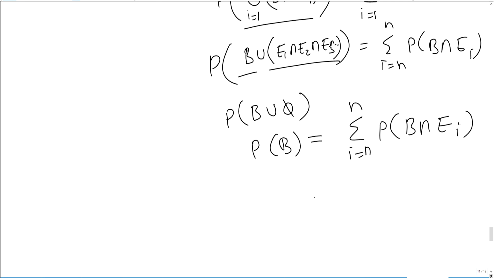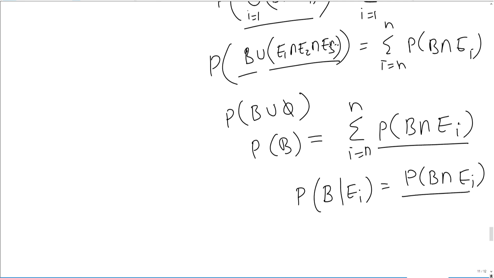Right. Now, you can rewrite this term probability of B intersection Ei. How? You know something from conditional probability formula, that probability of B given Ei is probability of B intersection Ei divided by probability of Ei.